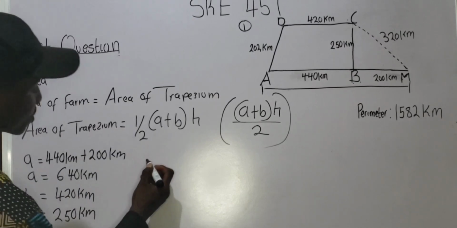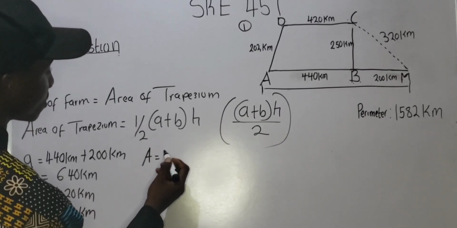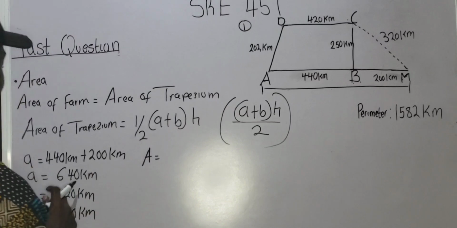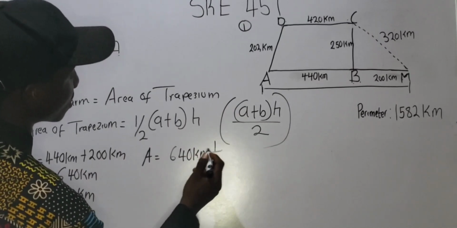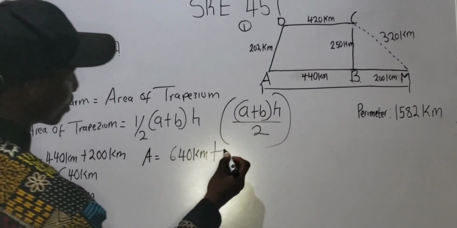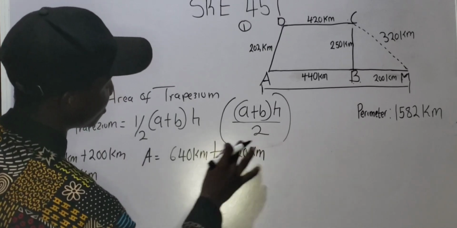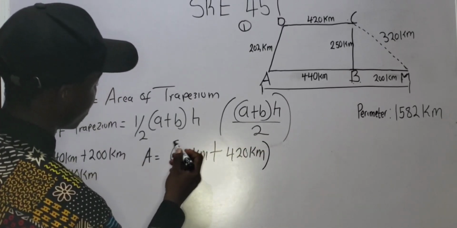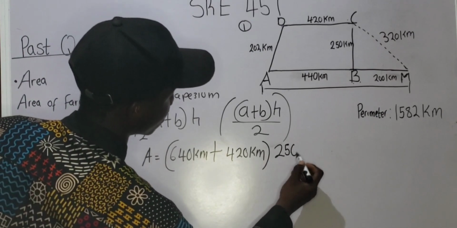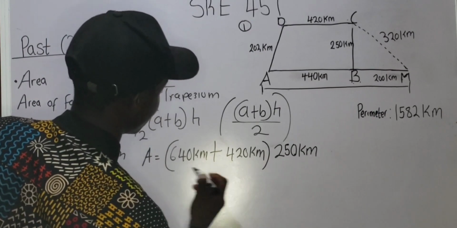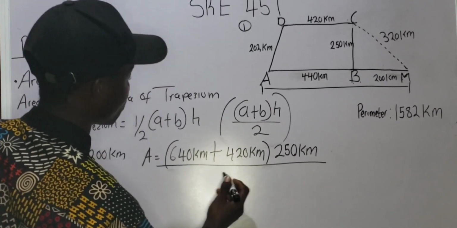So the area of the trapezium is equal to half (A plus B). A is 640 kilometers plus B, which is 420 kilometers, multiplied by the height, which is 250 kilometers, all over 2.